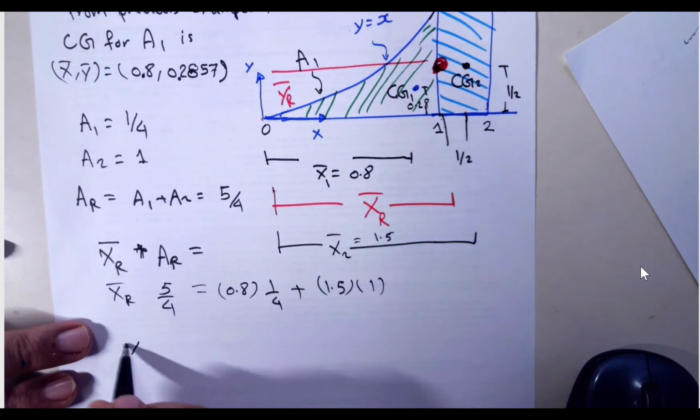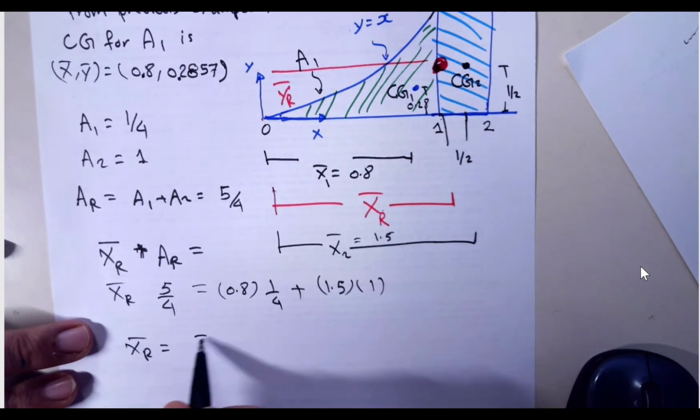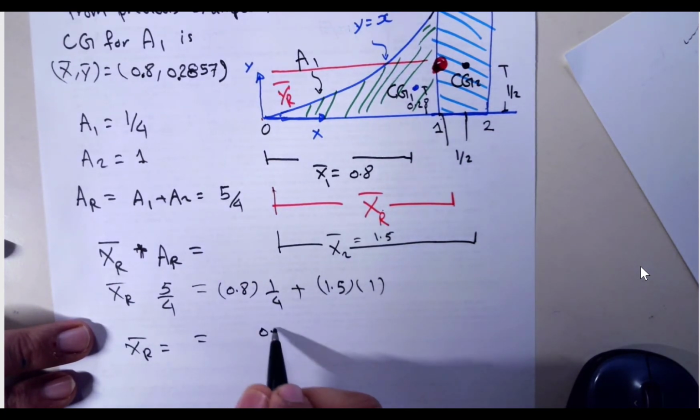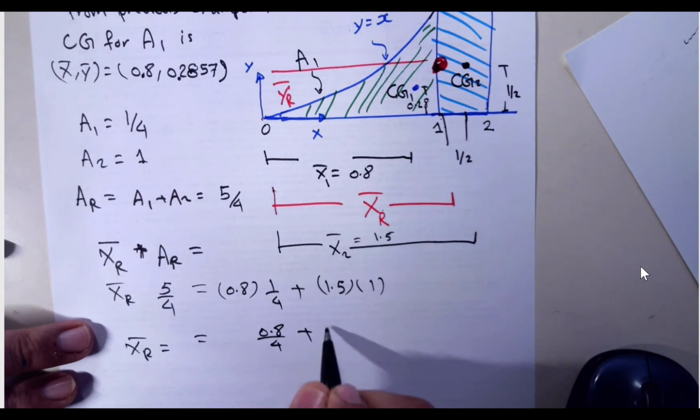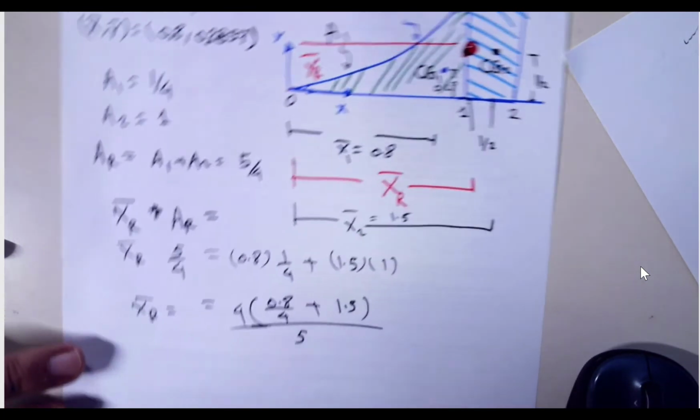So xr prime, which we don't know where it is, is equal to this quantity. So it's 0.8 over 4 plus 1 over 5 multiplied by 4 over 5. So this is going to be your x prime.